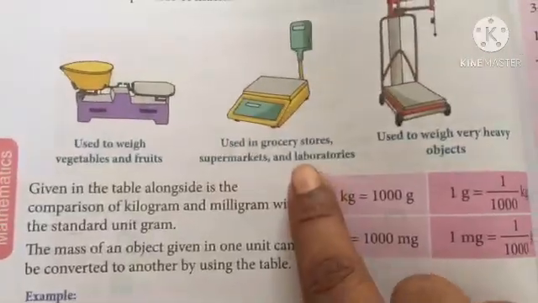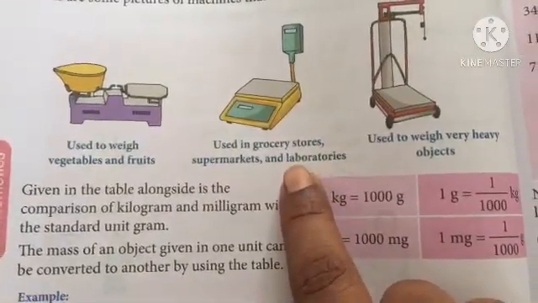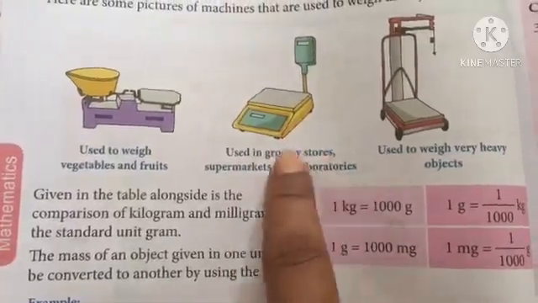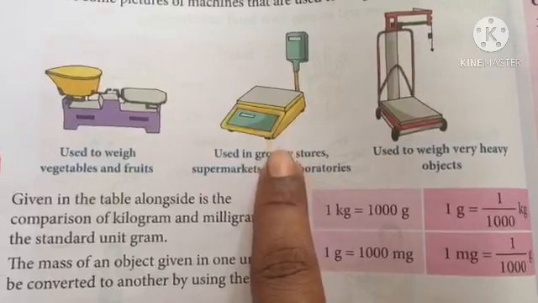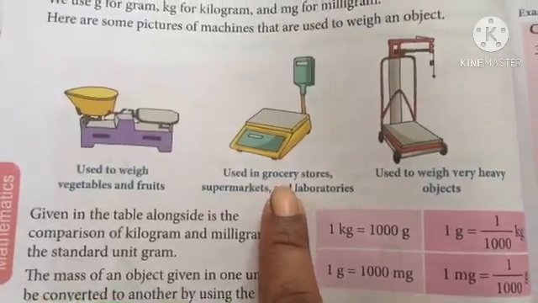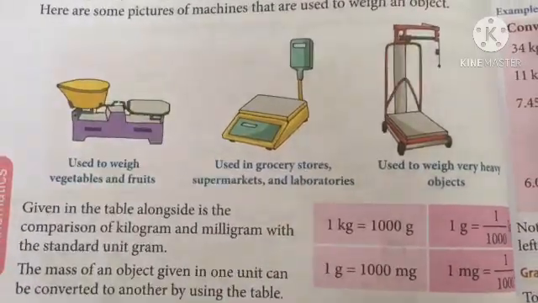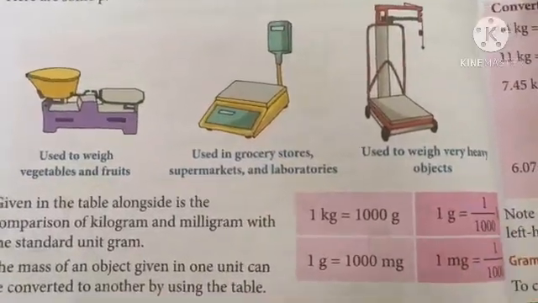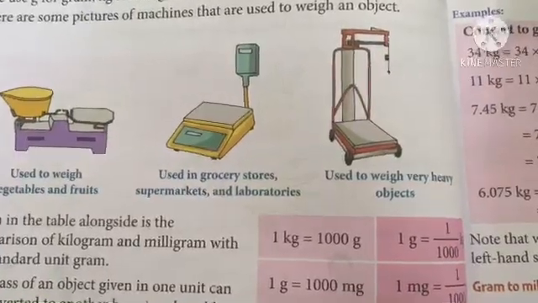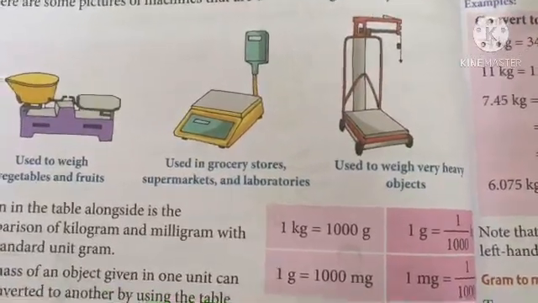Okay, then it's used in the grocery stores. Then now I think most of the shops is using this machine to measure. Okay, then I think this machine is familiar for you. Then the next one is using to measure the weight of the heavy objects.